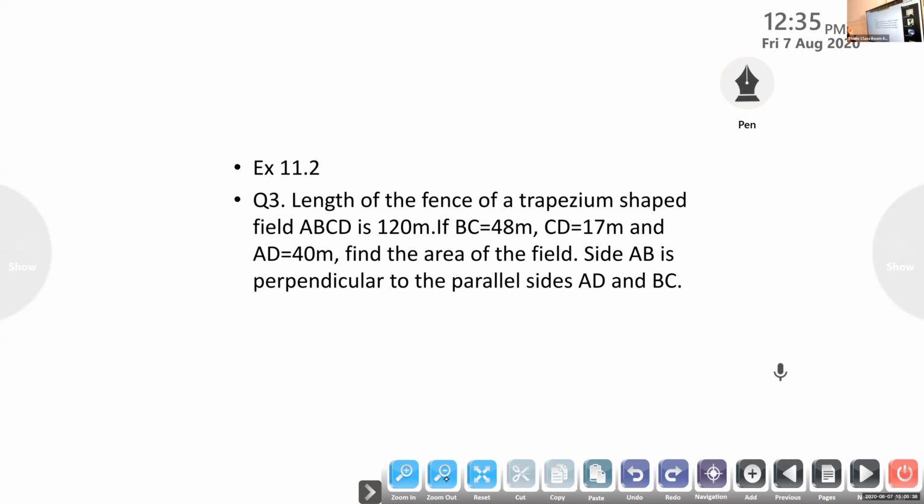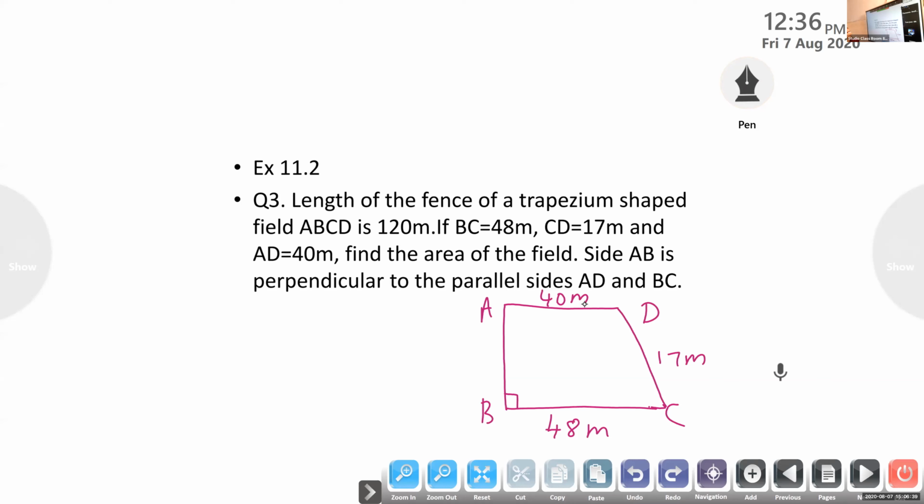Next question: the length of the fence of a trapezium-shaped field ABCD is 120 meter, BC is 48 meter, CD 17 meter, AD 40 meter.